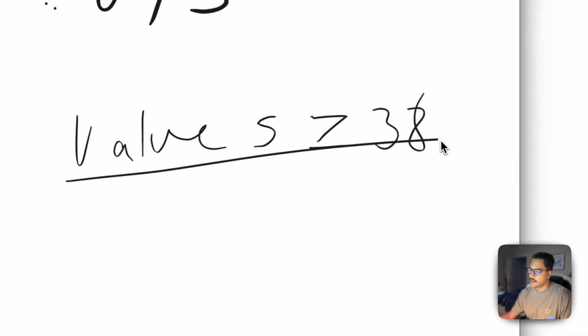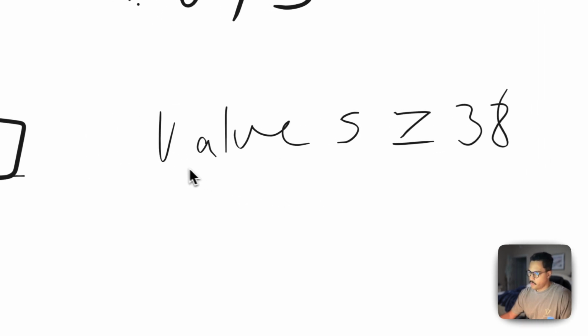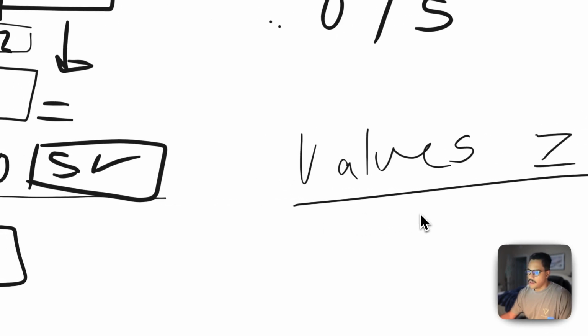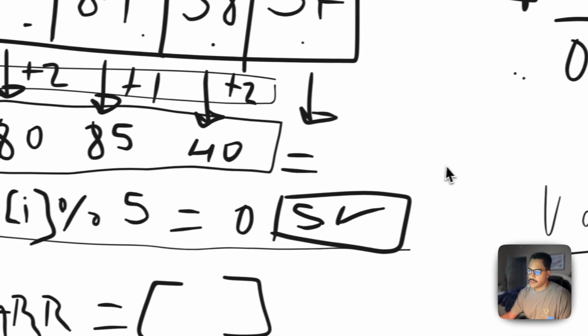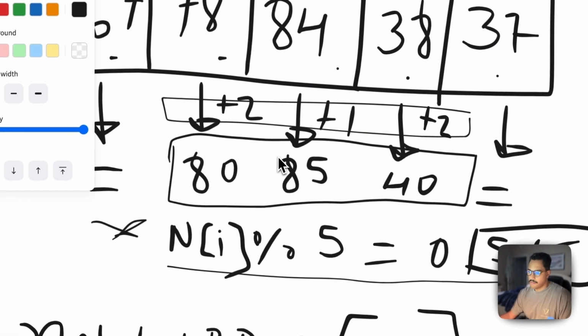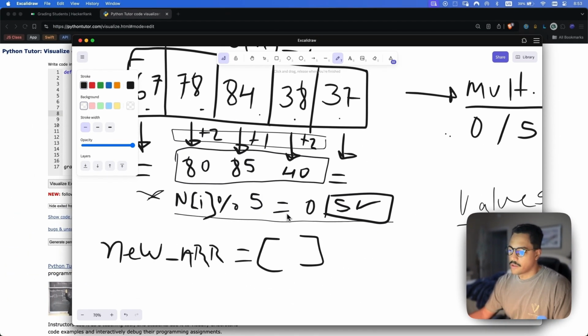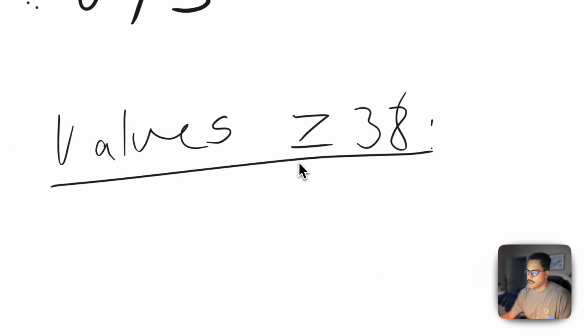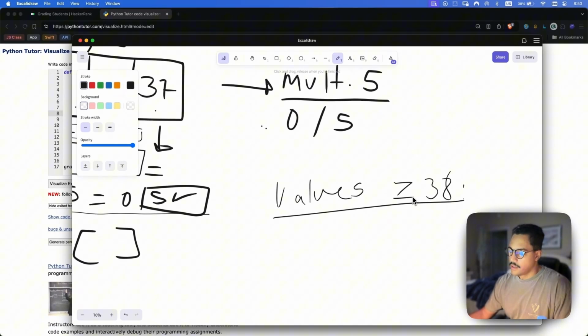Everything under that we don't need, right? That's what I'm thinking. So every value that is greater or equal to 38, it's going to be your first condition, and then we can apply the second condition, which is that the value has to be a multiple of 5, right? So we have two conditionals that we can apply, or we should apply.